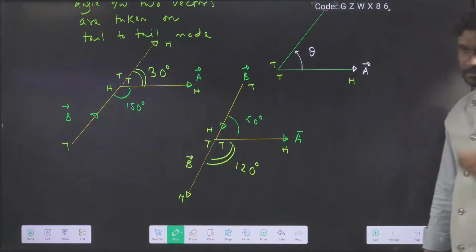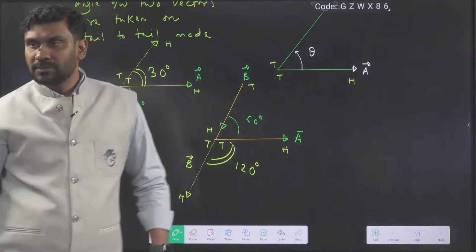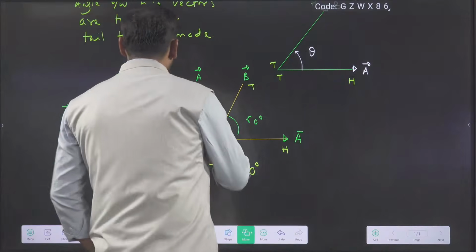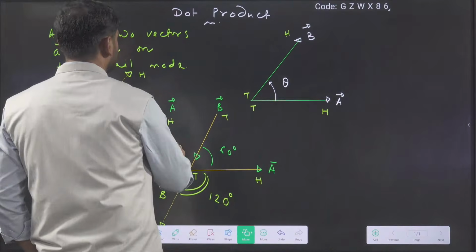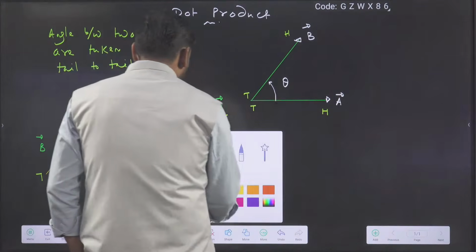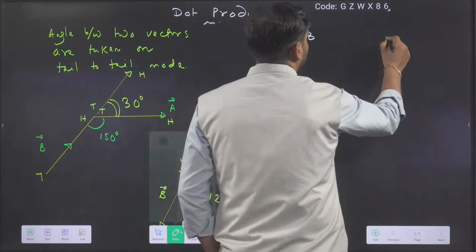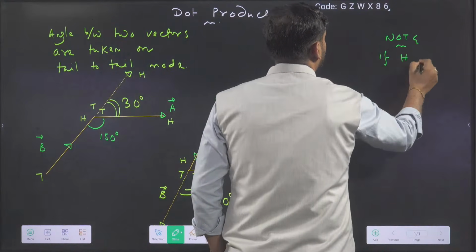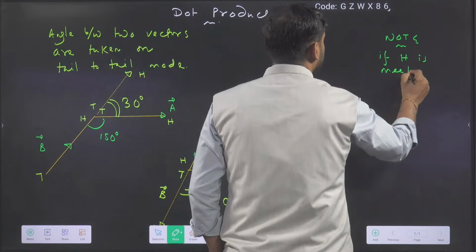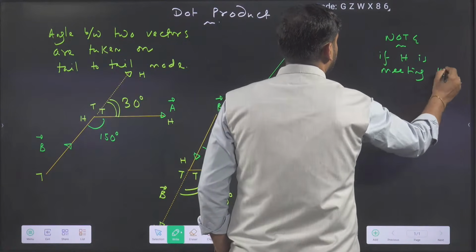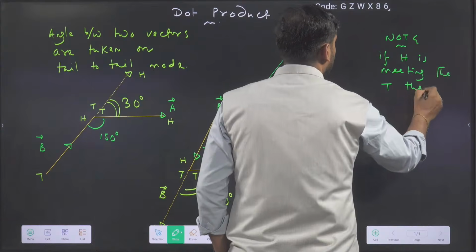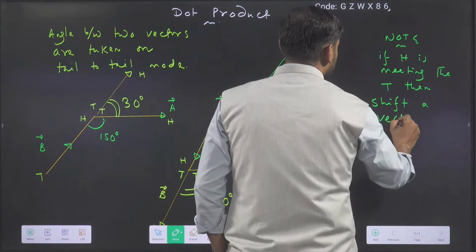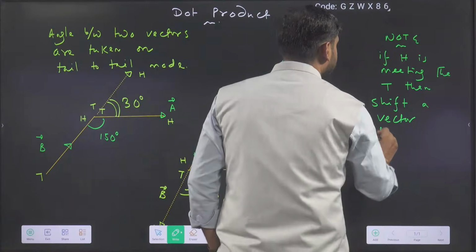Correct? Okay. Idea clear? Fine. Done. So what I am writing over here, as a note: if head is meeting the tail, then shift a vector parallelly.